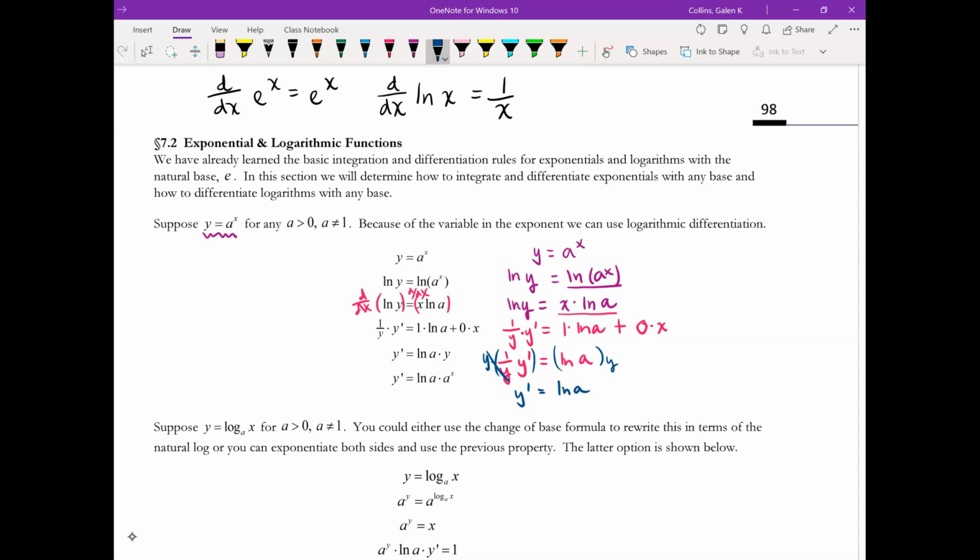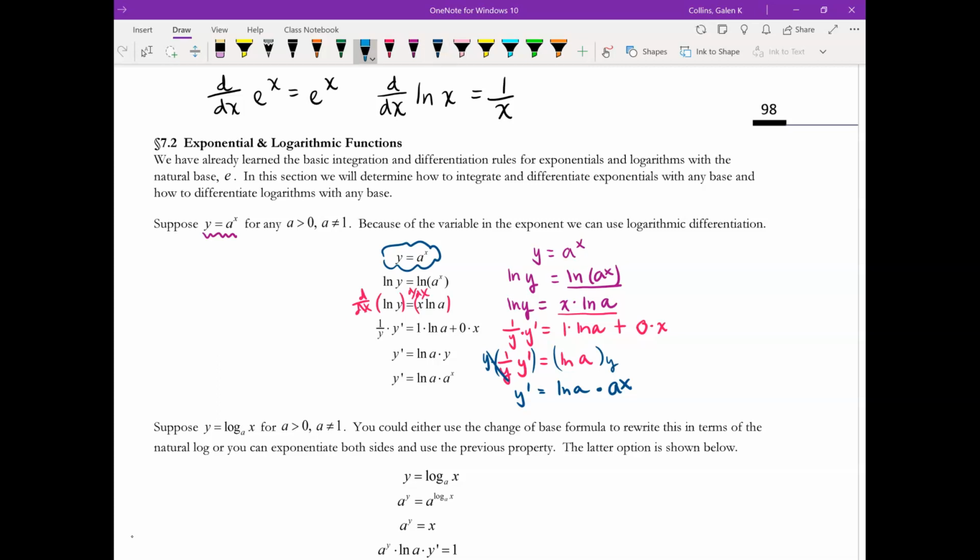Remember that y is a to the power of x. So we get the natural log of a times a to the power of x. And that's going to be our rule for taking the derivative of an exponential that doesn't have the natural base e.